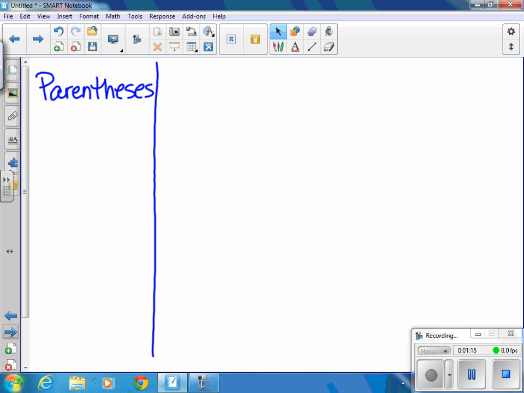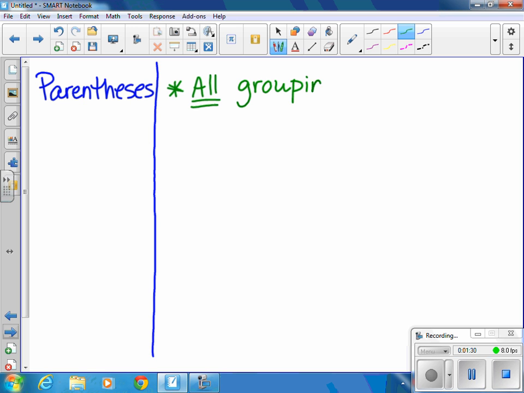So let's say we have parentheses first. Now, one thing is, we say parentheses, but what we really mean is all grouping symbols. Okay, so it's really important to remember that we're talking about all of our grouping symbols. And we have a bunch. We can have our regular parentheses. We know that one. We can have a bracket that looks like this.